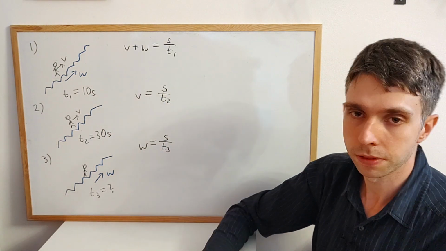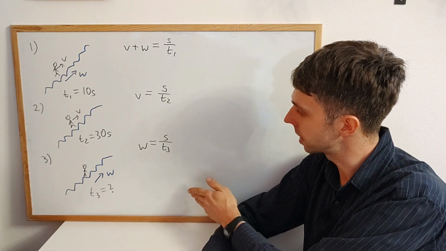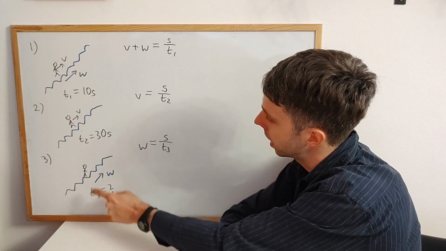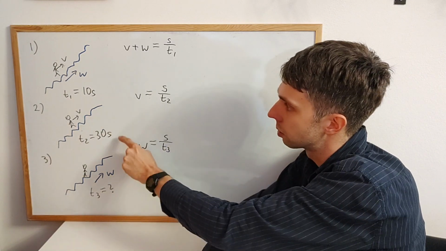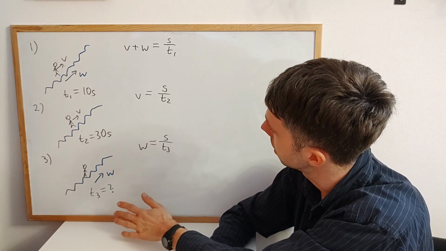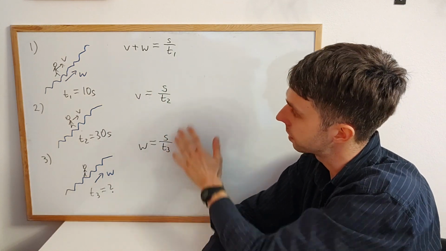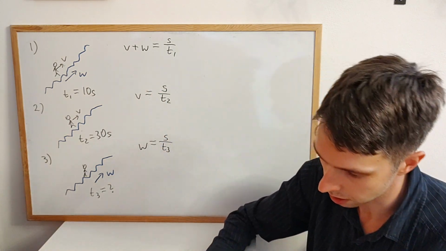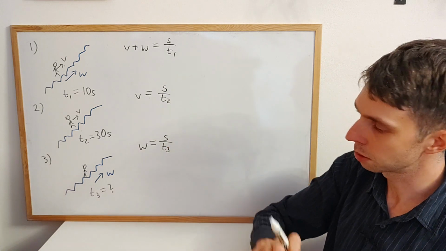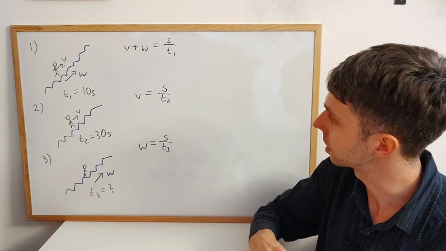So we have three equations, and now it's maths to solve them to find t3. Look, we have only these two times, nothing more. But we have v, w, s, so we have three equations and three unknowns. So let's do it in a smart way.